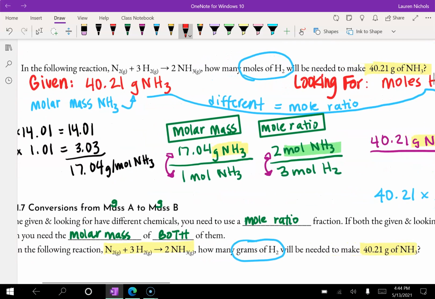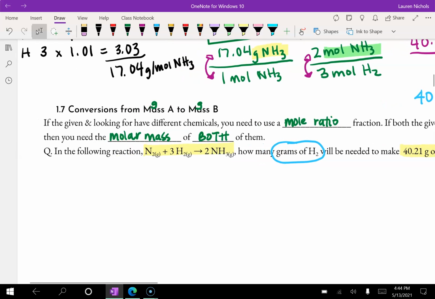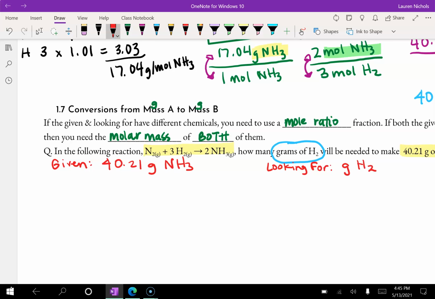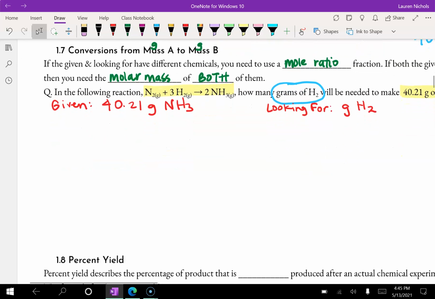So if we look at this one, again, we're going to label what we're given and what we are looking for. It's the same, 40.21 grams of NH3, and we're looking for grams of hydrogen. Now, here's the thing.